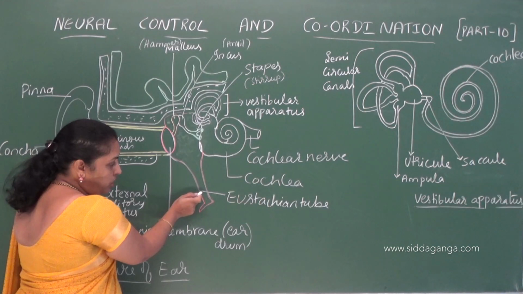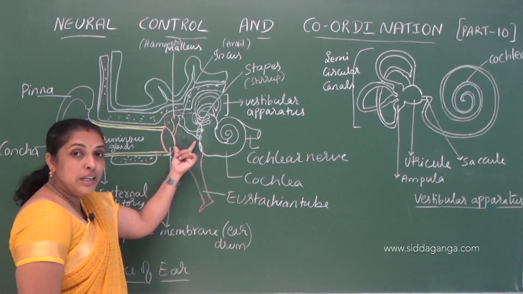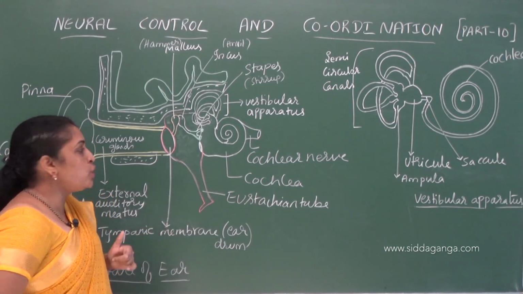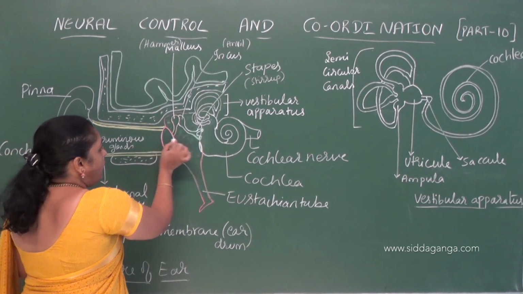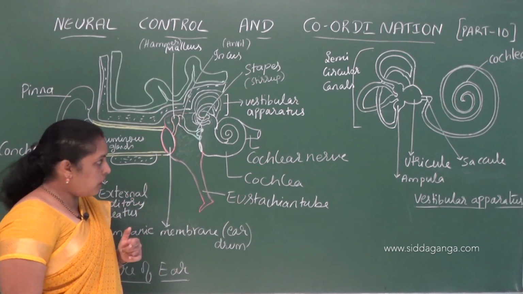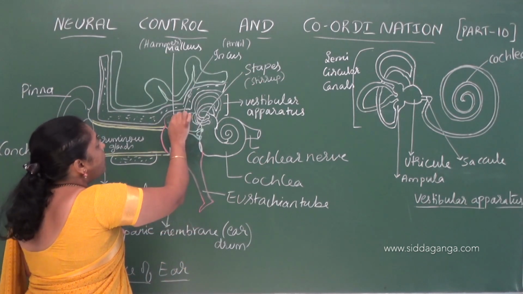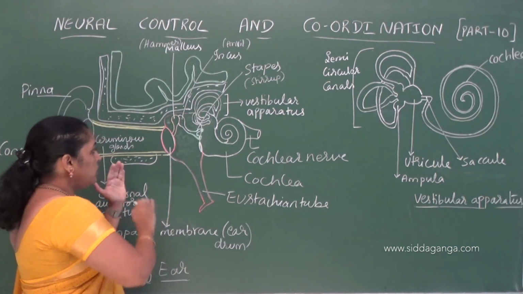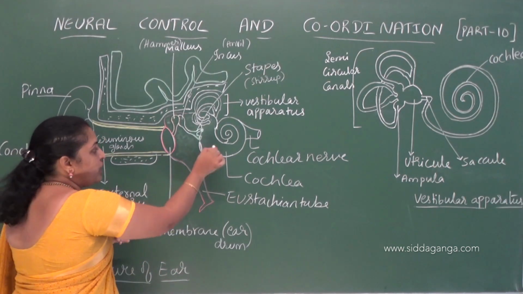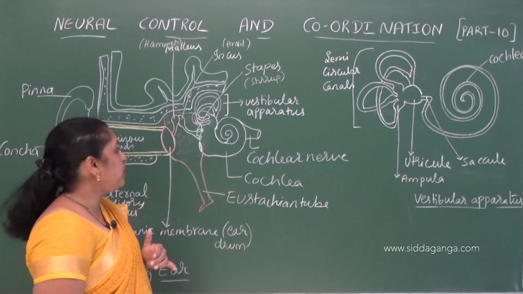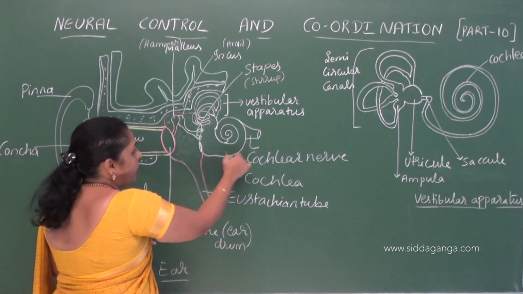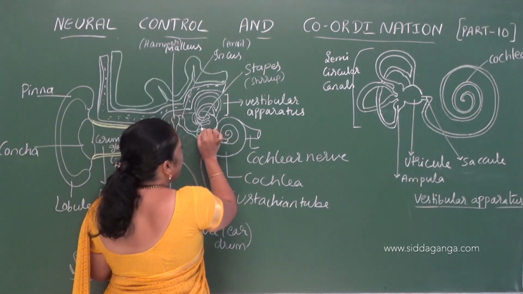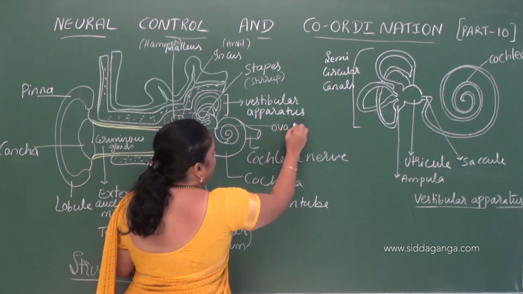This eustachian tube connects the middle ear with the pharynx and helps to equalize the pressure on either side of the eardrum. And malleus, incus and stapes help to speed up the vibrations to reach the inner ear. The stapes is in contact with the inner ear through an opening called the oval window.